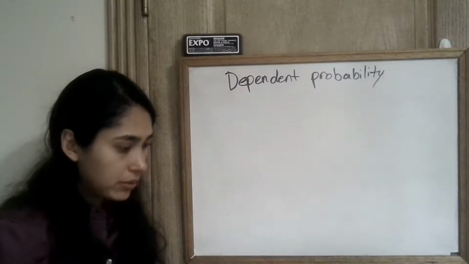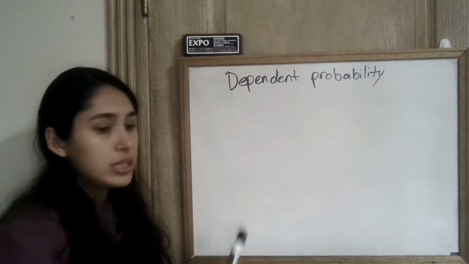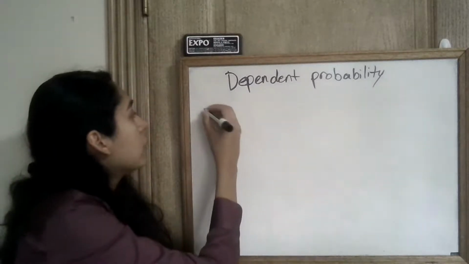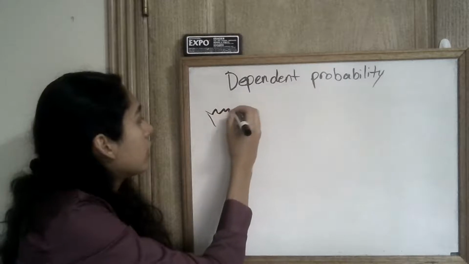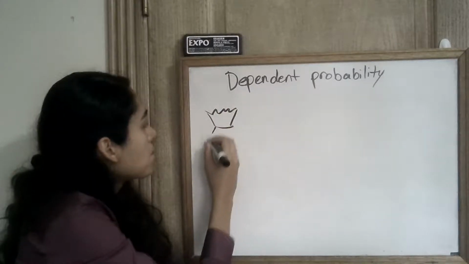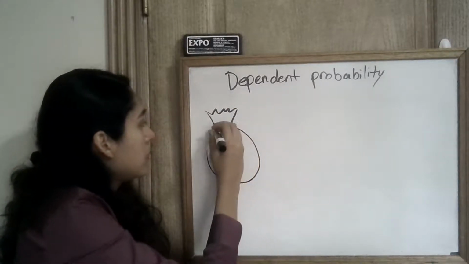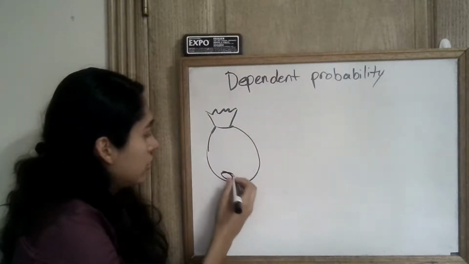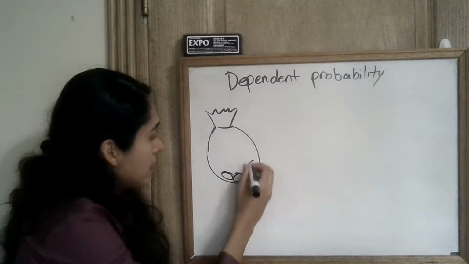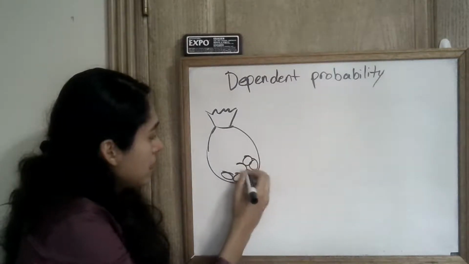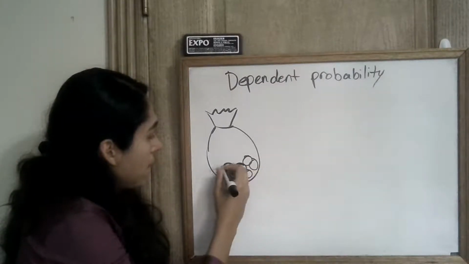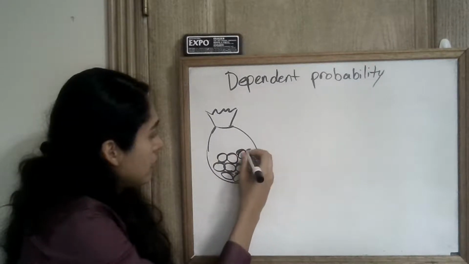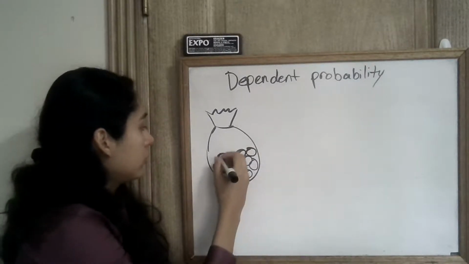So with dependent probability, each instance causes a change. Like let's say I have a little bag, and I've got a bunch of little candies. Okay.